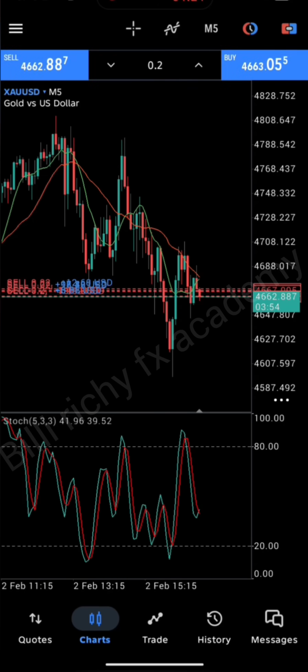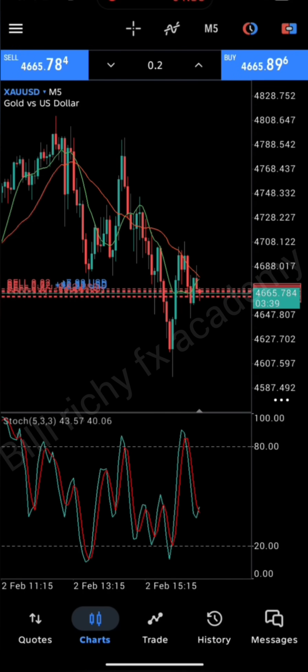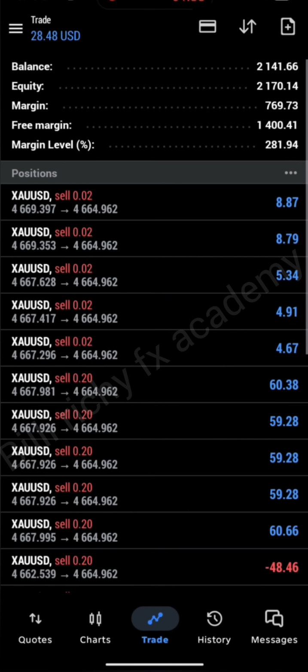So this is a flipping indicator, meaning we shouldn't be expecting drawdowns. You enter, you just expect to go straight to TP, straight in the direction. Look, we are in a little drawdown.